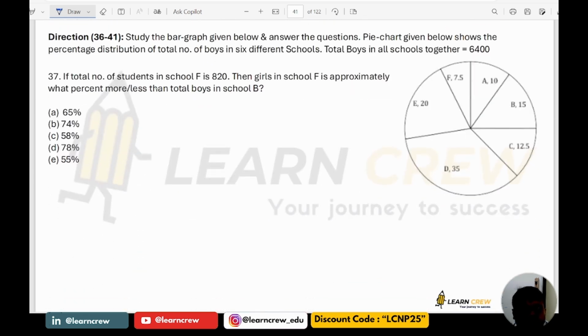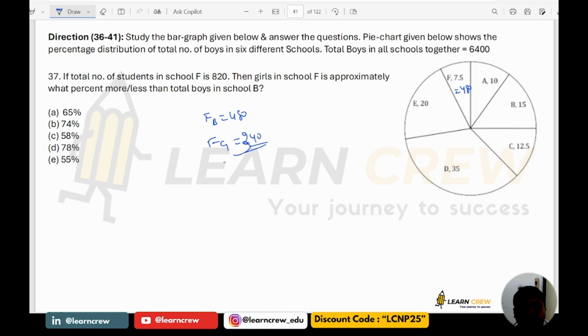Next, the total number of students in school F is 820. F is 7.5 percentage, and 7.5 percentage of 6,400 is 480. F boys is 480. So F girls would be 340 because it is 820 minus 480.